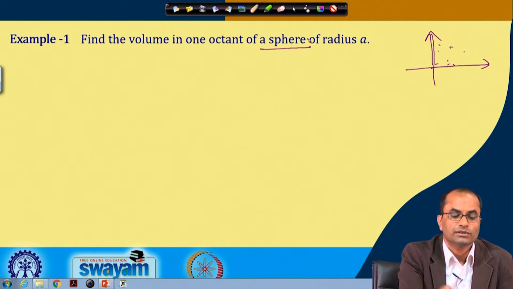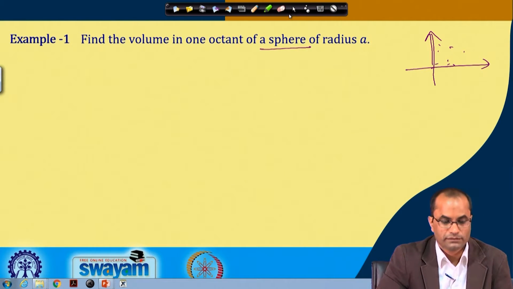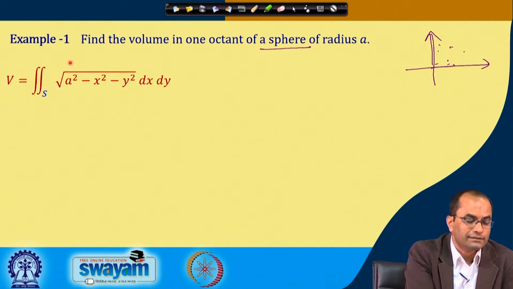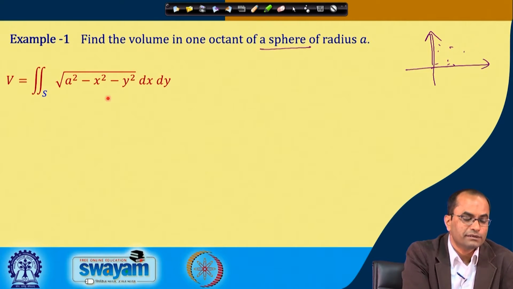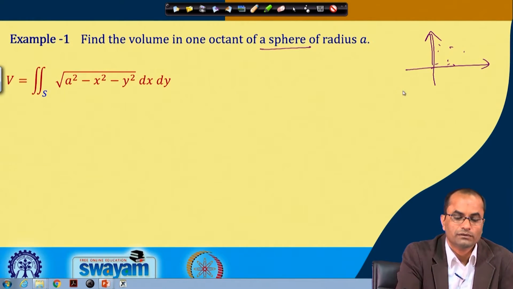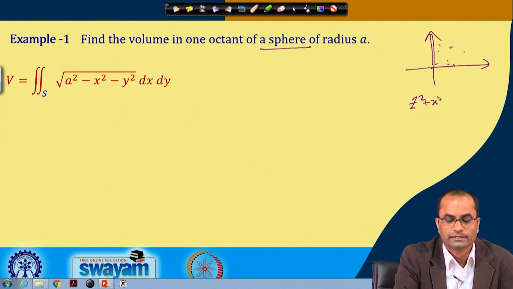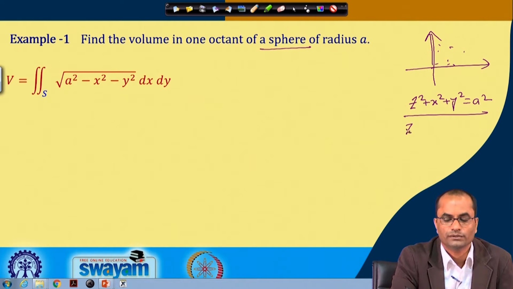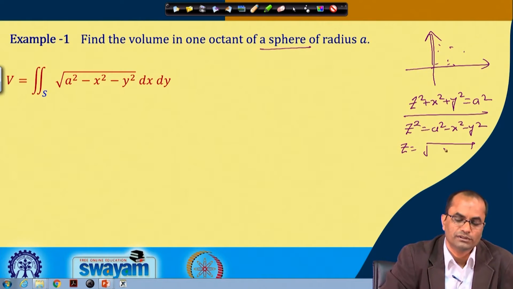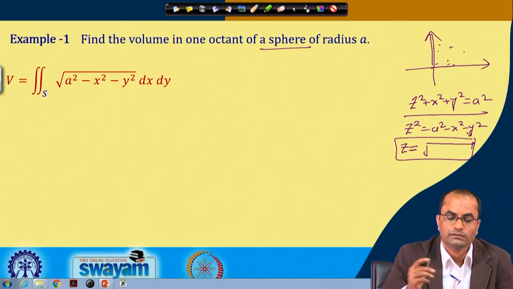The limits we can easily compute for this one, and our surface here is given by the sphere. So, we have the integral in terms of this volume, coming from the sphere, because the equation of this sphere was z square plus x square plus y square is equal to a square. From here you can compute z square is equal to a square minus x square minus y square. So, z will be positive here because we are talking about just one octant.